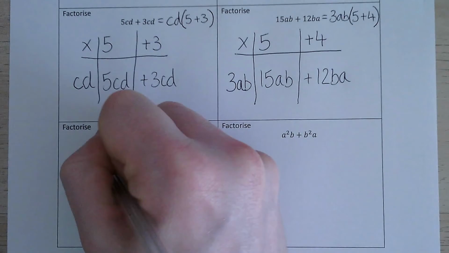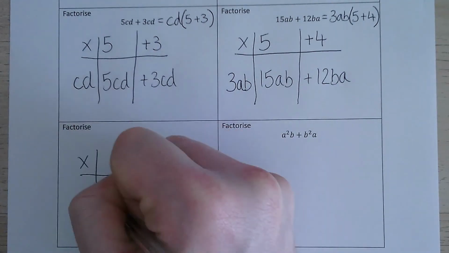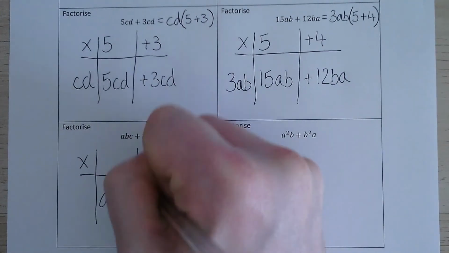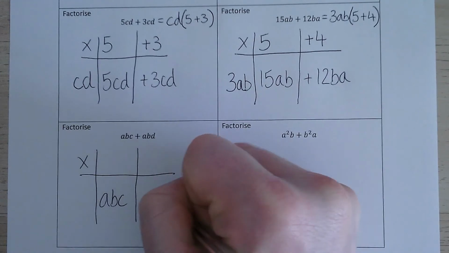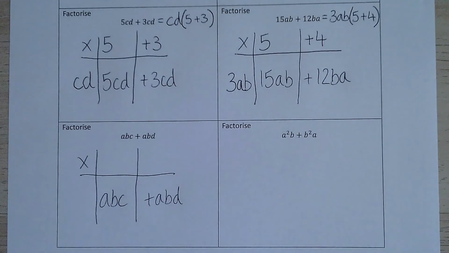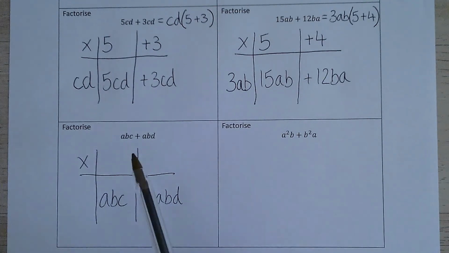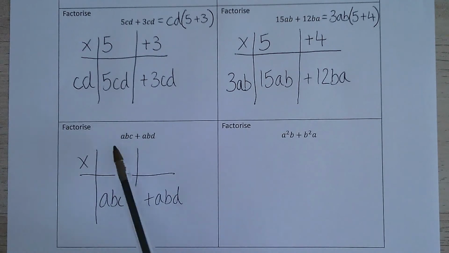Question 5. We have ABC as the first term and positive ABD as the second term. We cannot factorise any numbers out for this question because we don't have any numbers in the two terms in the question.